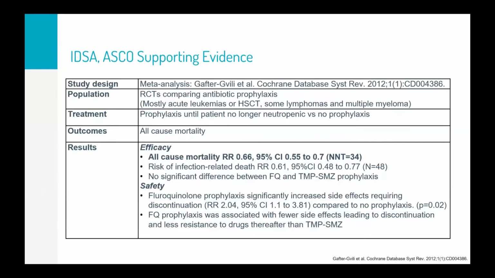And it was statistically significant for overall prophylaxis with a number needed to treat of 34. They had other outcomes, but if overall people are dying more without fluoroquinolone prophylaxis, then resistance and side effects aren't as relevant. So let's dig into mortality a little more.